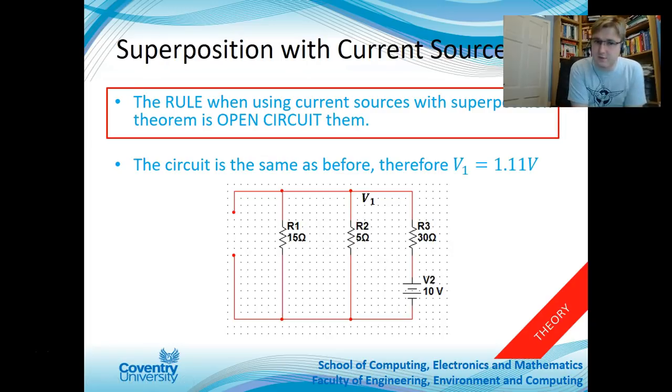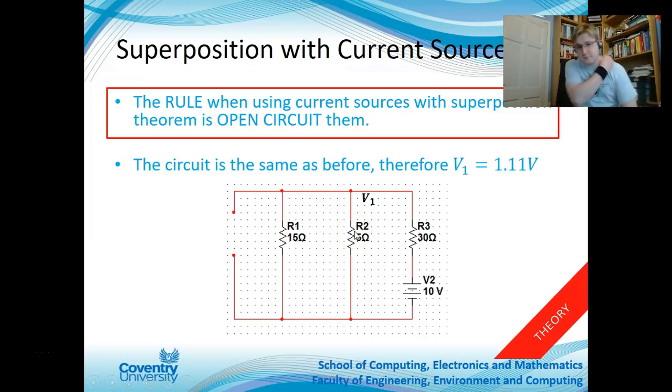So as I said earlier, the rule when you're using current sources with superposition is to open circuit them. So you've essentially just grabbed the component and ripped it out of the circuit. So that's what we've done here. So we've got a big gap here, and then you can essentially block out anything to the left-hand side of R1, because obviously no current is going to flow here.